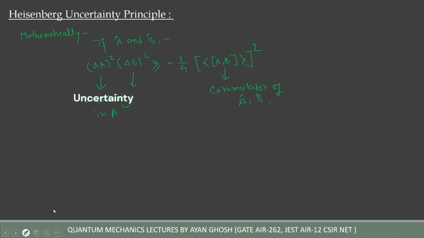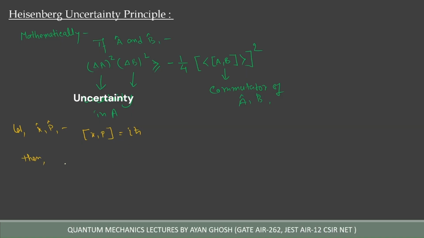So let us take an example to understand the uncertainty very well. Let we have two canonically conjugate operators, that is x cap and p cap. In that case, the commutator of x comma p is given by i h cross.